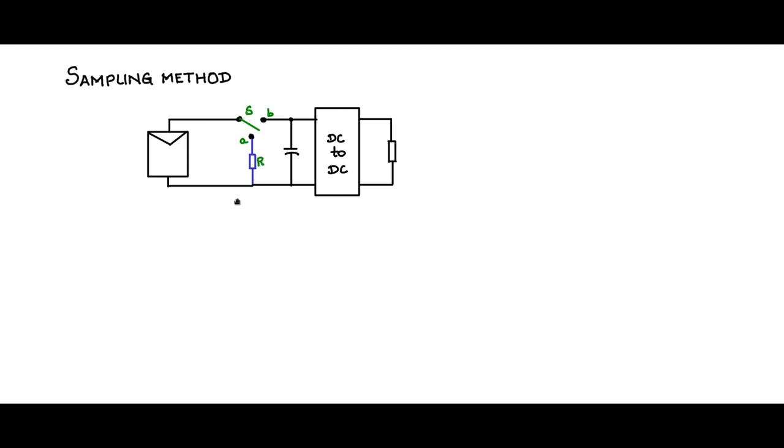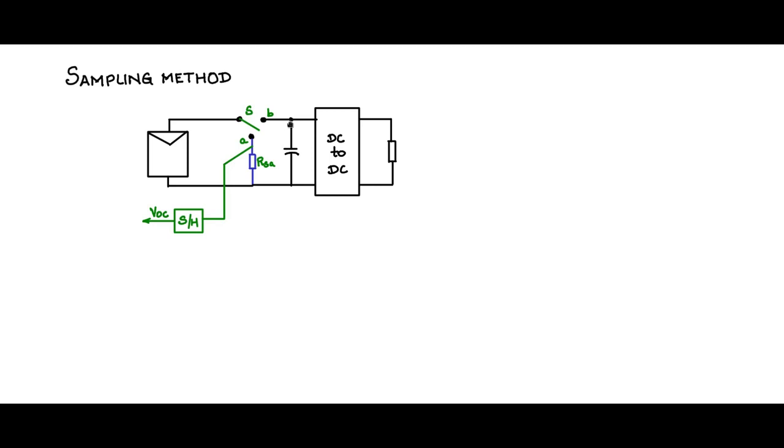Let us call this resistor RSA and we will sample this potential. If the switch is connected to B, then this potential will be 0. If the switch is connected to A, it will be the VOC value. Let us connect it to a sample and hold circuit. The output of the sample and hold circuit will be VOC.